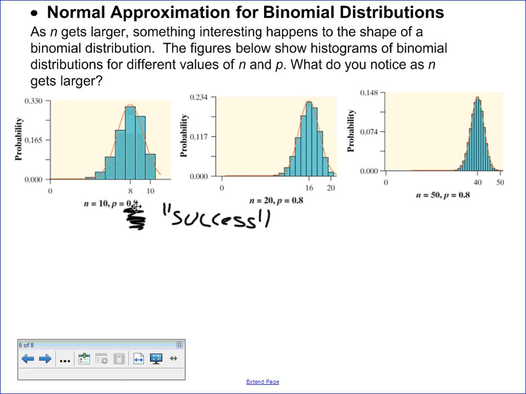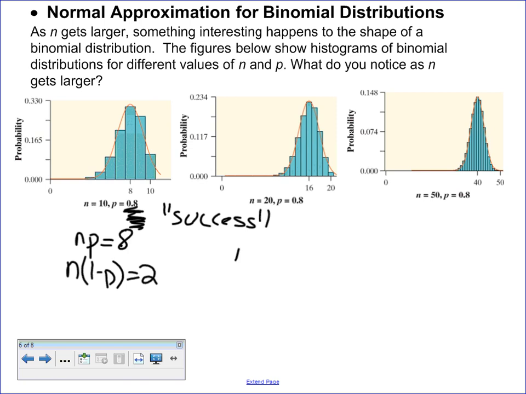And so as n gets larger, n times P here would be 8, and n times 1 minus P would be 2.